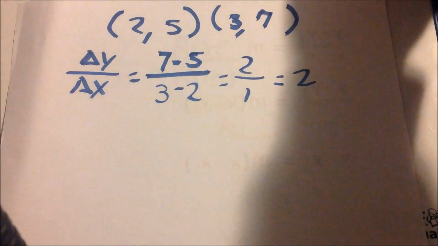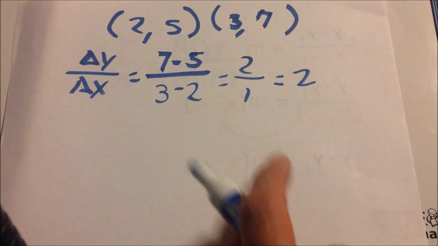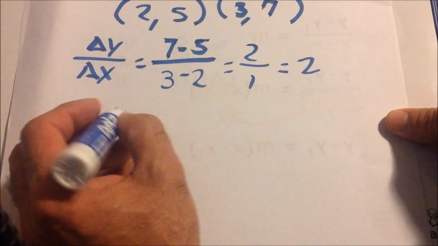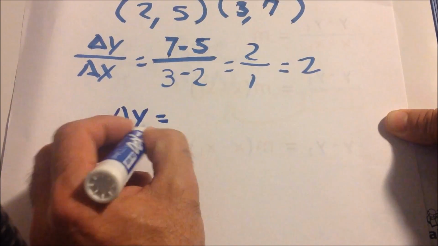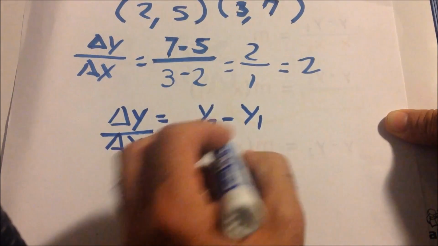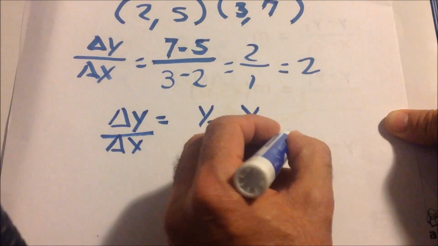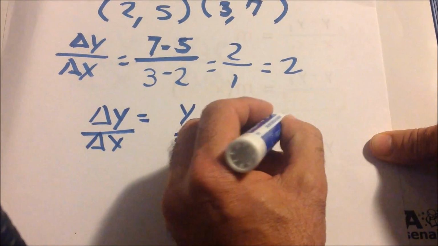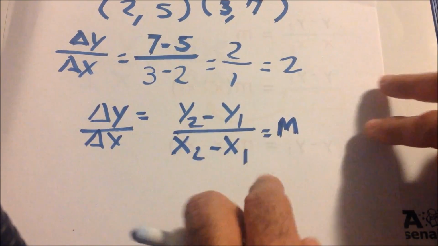Now let me show you how we can get the point-slope formula using the change of y over the change of x. We'll write it over here again. We're saying y2 minus y1 divided by x2 minus x1, and we're getting m. This is the formula we're already familiar with to get the slope.